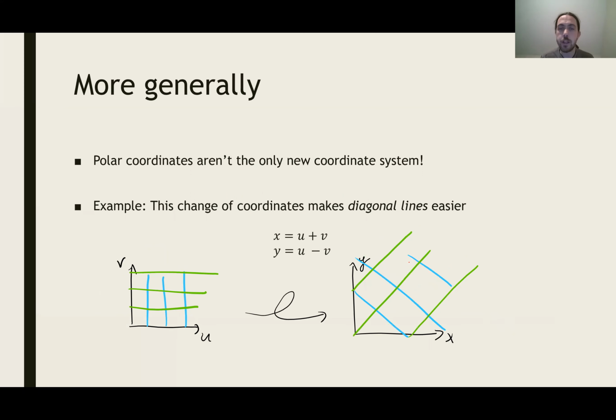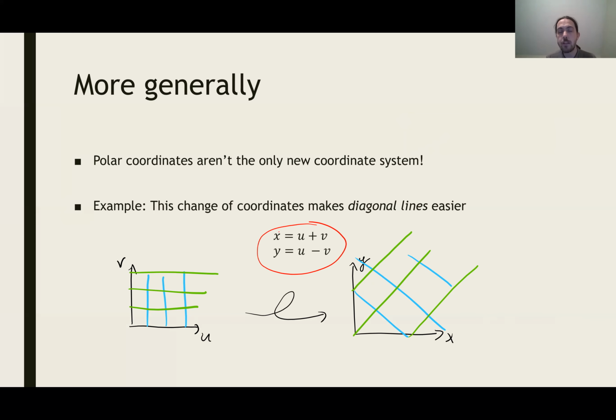And more generally, we don't have to be tied to polar coordinates. There are lots and lots of different coordinate systems that allow us to say, hey, we've got a different way to think about this problem. So for example, here's a substitution. x is equal to u plus v and y is equal to u minus v.